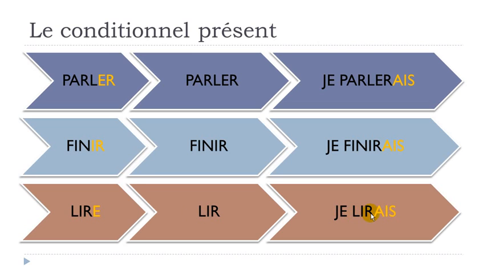Je lirais. All right, so the rule goes like, if you've got a final e then you take it away, you've got your form here, L-I-R, and then you add your ending, A-I-S, je lirais, okay? So you've got 3 forms here, and they're actually the conditionnel présent forms. Je parlerais, je finirais, je lirais, okay? Parler is to talk or to speak, finir to finish or to end, lire to read, okay?